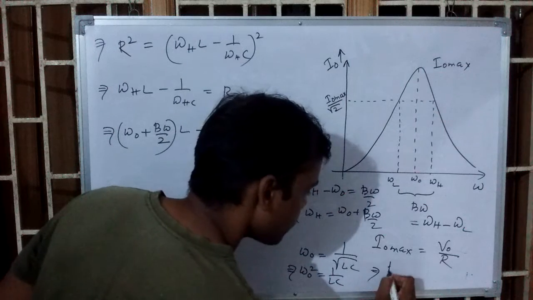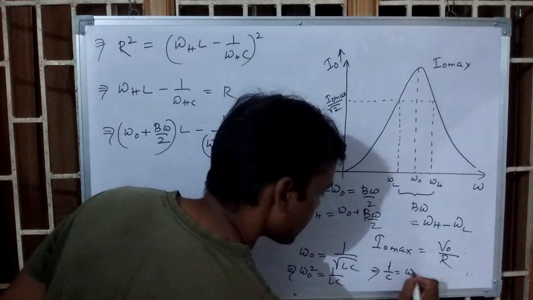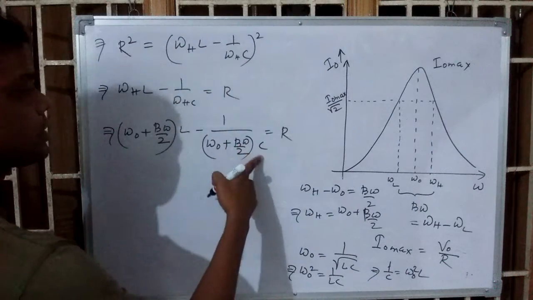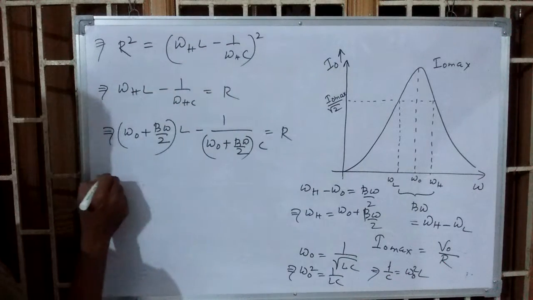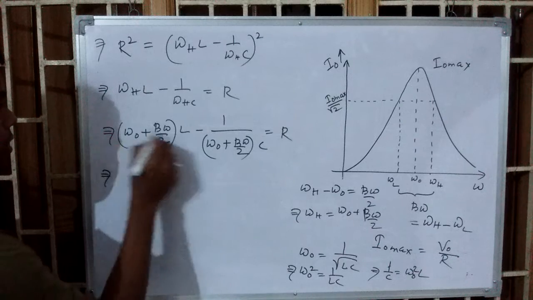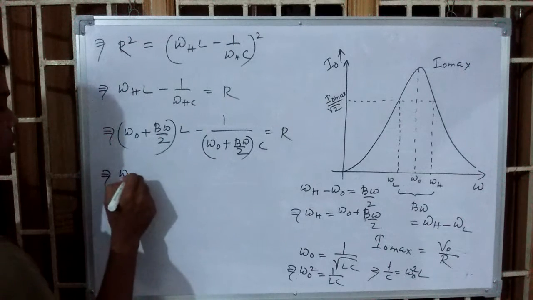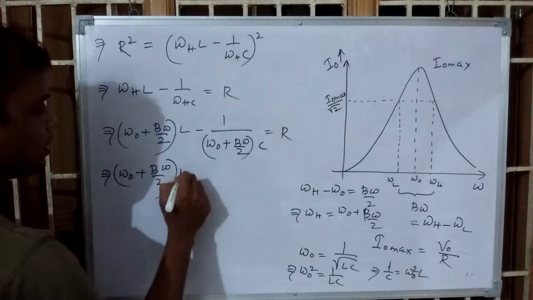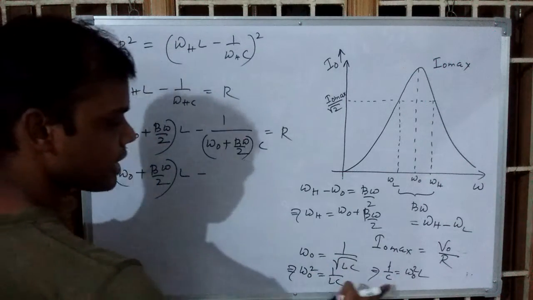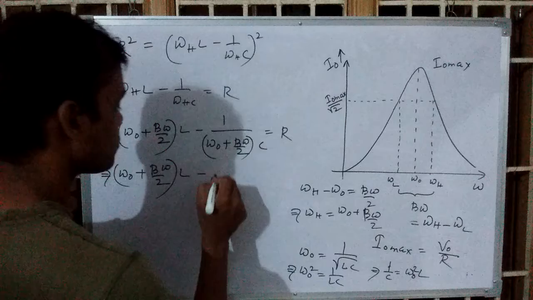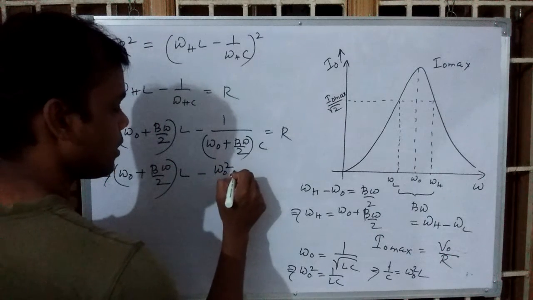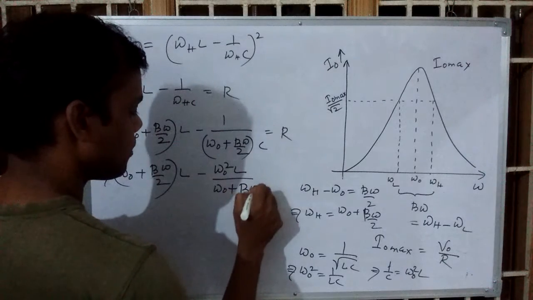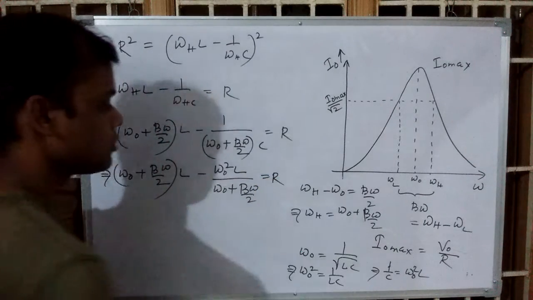This implies 1 by C is equal to omega naught square L. We have to use this equation here in place of 1 by C. So this part will be omega naught plus bandwidth by 2 into L minus omega naught square L divided by omega naught plus bandwidth by 2 is equal to R.